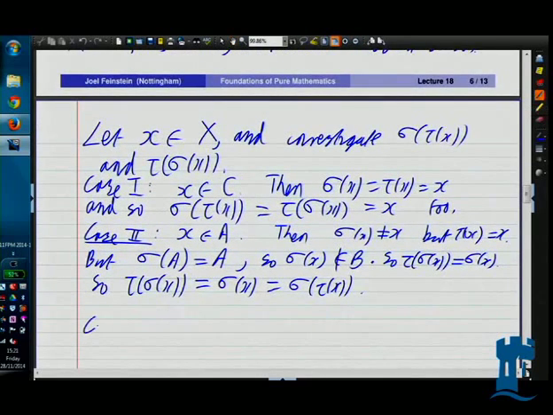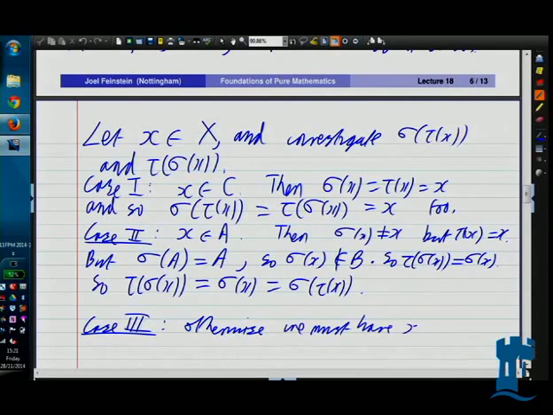Case 3 is identical. That's the last case. Otherwise, we must have x in B. But now we just use a similar argument to case 2.